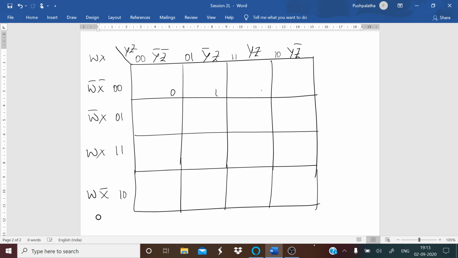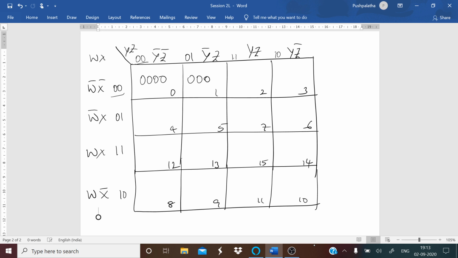So this is 0, 1, 3, 2, 4, 5, 7, 6, 12, 13, 15 and 14, then 8, 9, 11, 10 here, right? Now what will you do now? Here, as we said, it is 0 0 0 0, 0 0 0 1, 0 0 1 1, 0 0 1 0.